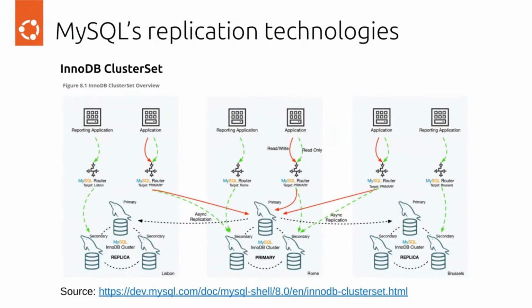But what you need to remember is the following: InnoDB ClusterSet is a technology that allows you to have disaster recovery based on a number of InnoDB clusters, so group replication clusters that are independent of each other, meaning that you can think of it as running 2 or more InnoDB clusters. And on top of it, you have an async replication layer between the primary of every InnoDB cluster. That's what you need to remember.